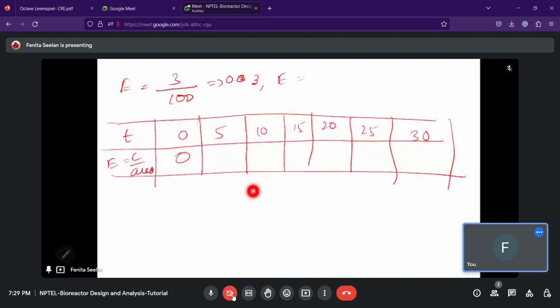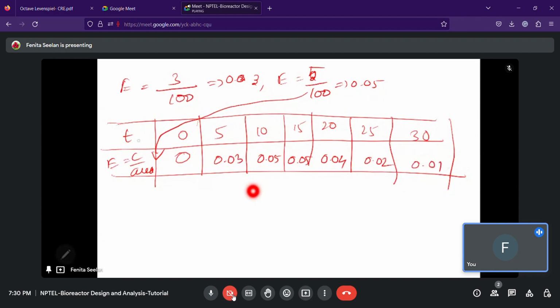So that is 0.03. Similarly, if you fill this table here, the values are 0.05, 0.04, 0.02, 0.01.